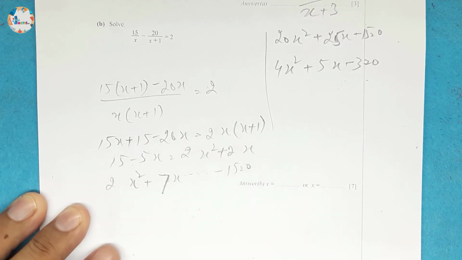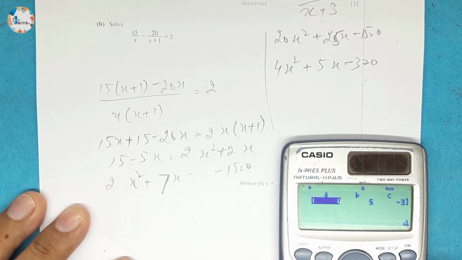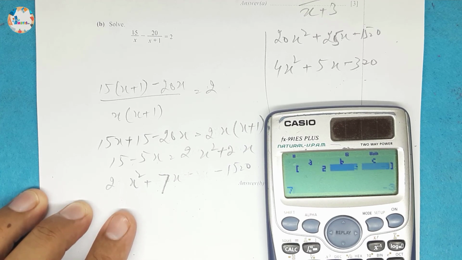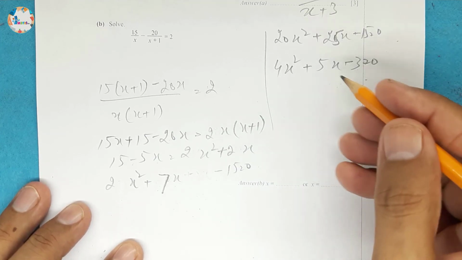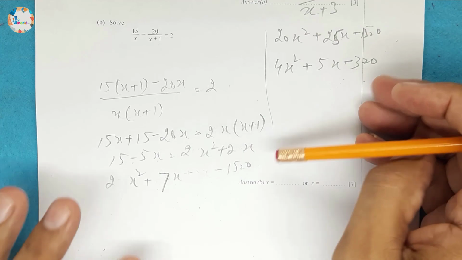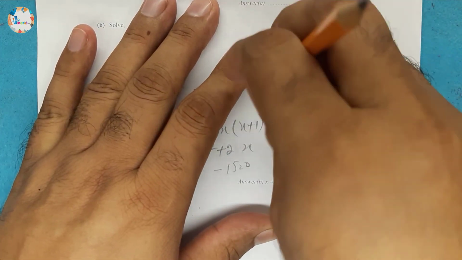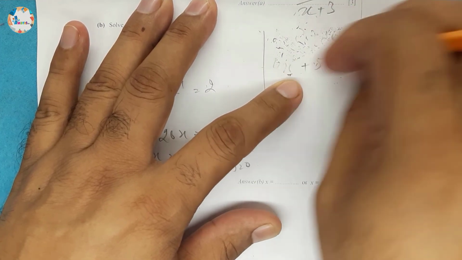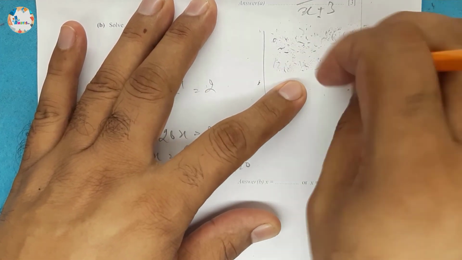So now we can simplify basically by this one, coefficient of x will be 2, then 7 and then minus 15, so this will be giving us 3 by 2 and minus 5. So 3 by 2 and minus 5, we can erase this one. Basically we have solved this already, we have done this portion.